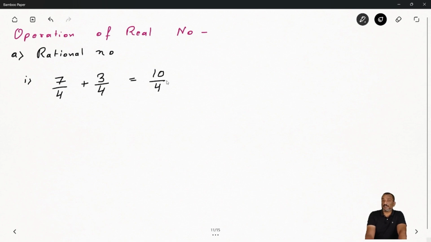So the first operation is saying that if we add any two rational numbers, the result will also be a rational number.